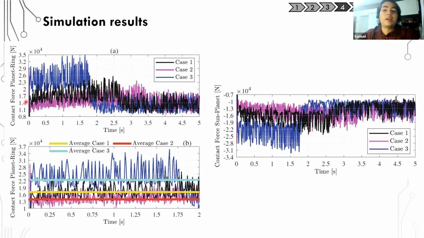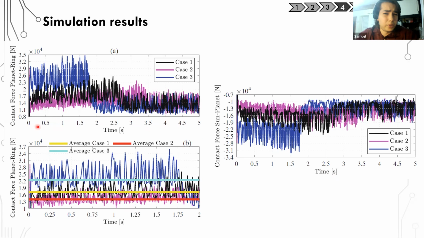The first analysis is based on the contact forces between the meshing teeth of the planet and the ring of the second planetary, as we can see over here. These figures illustrate the first 5 seconds of the simulation.